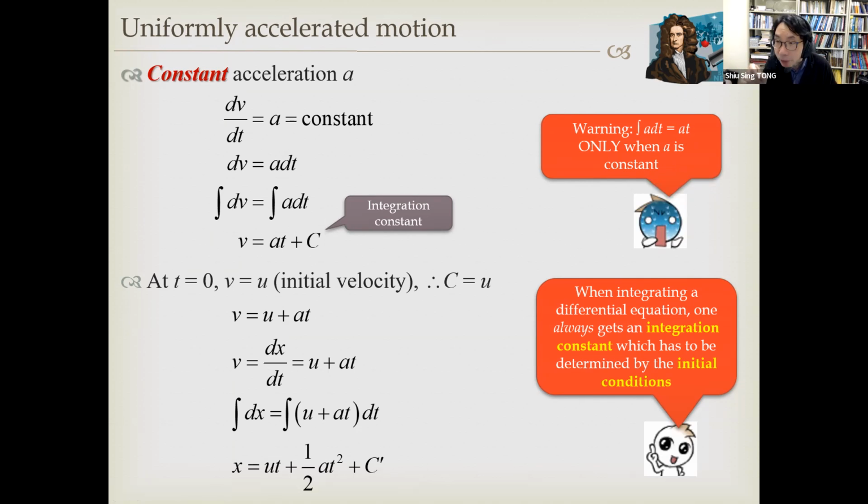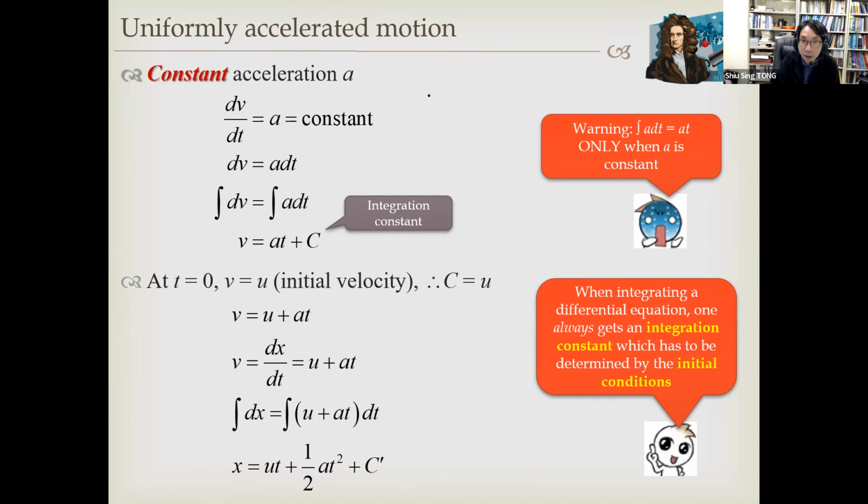Sometimes, as I said before, a is given as a function of velocity and position. But the velocity and the position are unknown functions of time. So you cannot simply write the integral of a dt as at, because a contains an implicit function of time through the position and the velocity. Do you understand that?